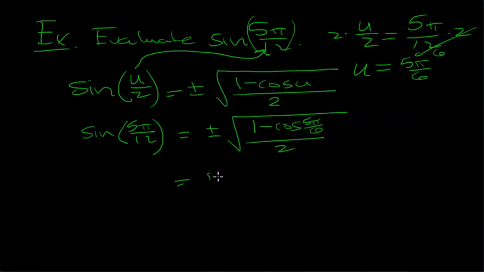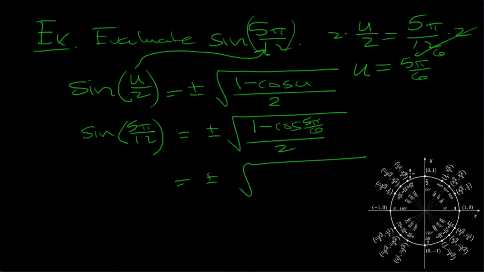And then cosine of 5 pi over 6, if I go to the unit circle, cosine is x. So it'll be 1 minus a negative root 3 over 2.